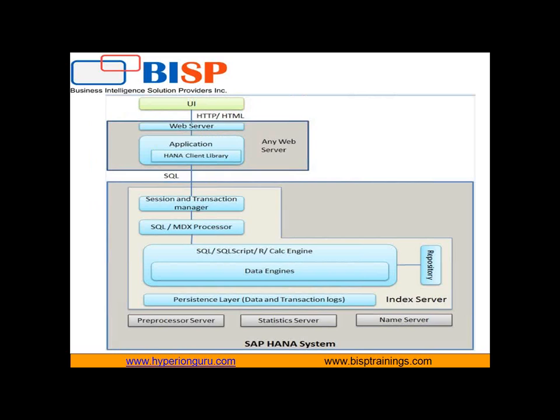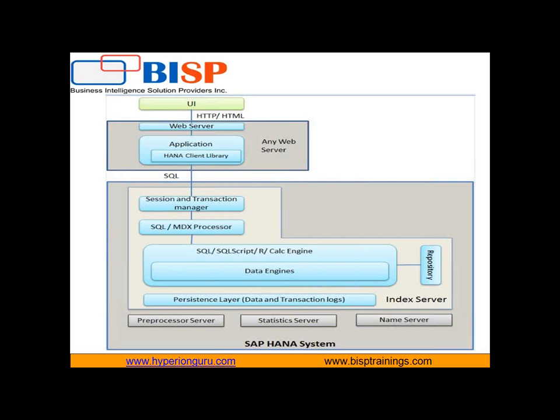So let's talk about the index server in detail, how it works. It's a more clear pictorial representation. The persistence layer will be there, and the data engines like SQL script, R language, calculation will be there, and the repository, nothing but the metadata repository, where the request will be processed with the help of SQL and MDX processors.